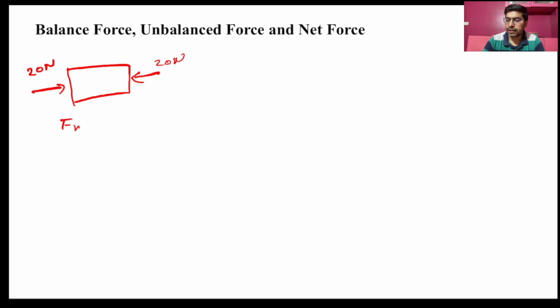So here the net force is how much? 0, because force is a vector quantity. If this is 20 Newton, the other in the opposite direction will be minus 20 Newton. So plus 20 minus 20 will be how much? 0 Newton, right? So the net force on this is 0. Whenever the net force on an object is 0, it's called what? Balanced force.